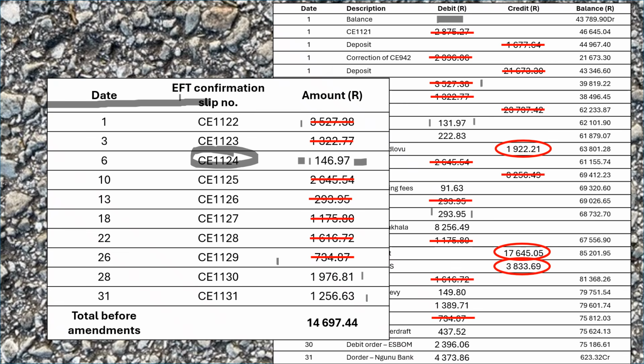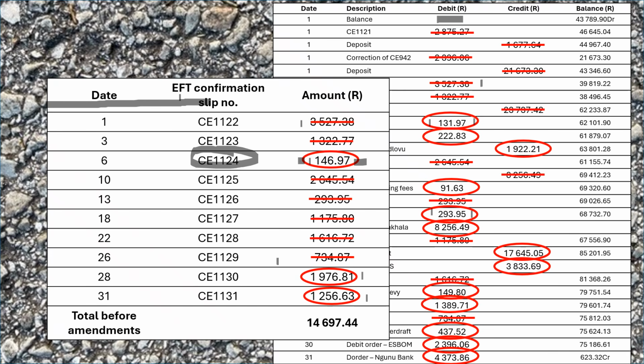And then there are a whole lot of items in this debit column that haven't been crossed off according to our books. So all those items that haven't been crossed off need to be circled. So there are quite a few issues here.